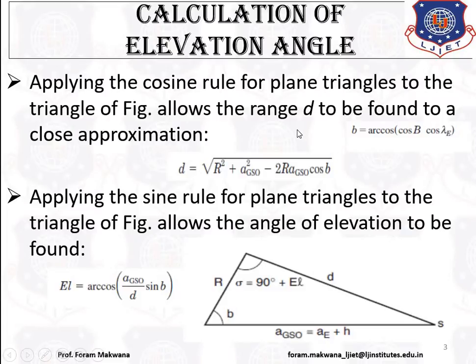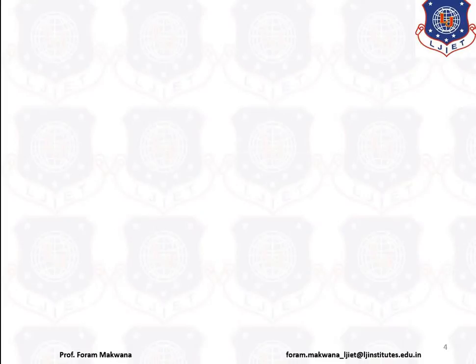So for calculating the elevation angle, this plane triangle is required. From it, by applying the cosine rule we get the value of small d, and by applying the sine rule we get the value of elevation angle. These two equations are the most important for calculation of elevation angle. How this elevation angle is calculated, I will show with one example.